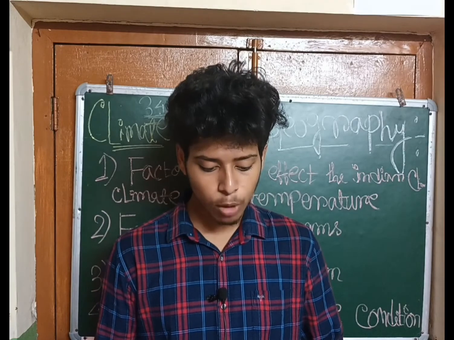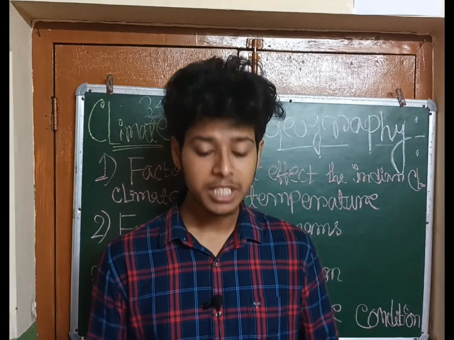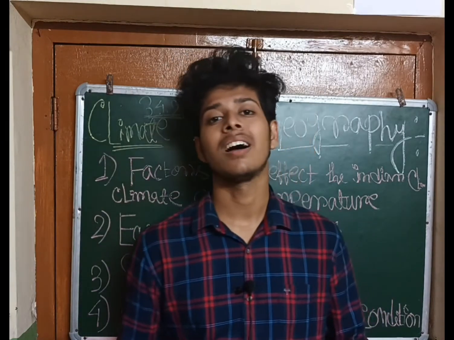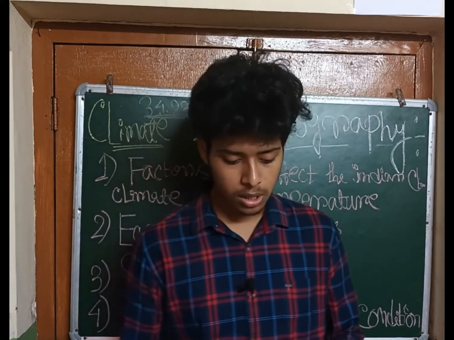The Meghalaya plateau forces the moisture-laden monsoon winds from the Bay of Bengal to rise suddenly and makes Mawsynram the rainiest place in the world. So a very important question once again: why is it the place receiving the most rainfall in the world?